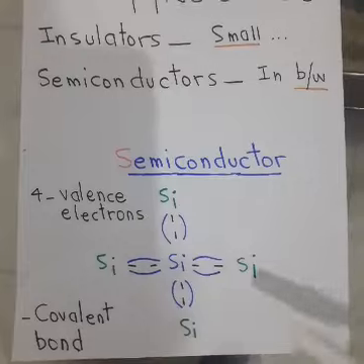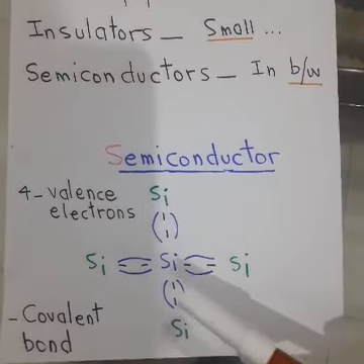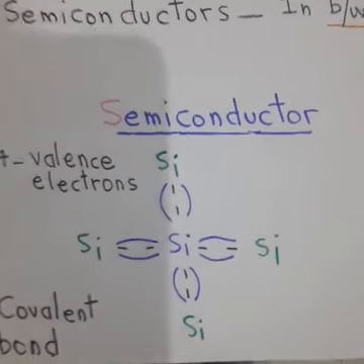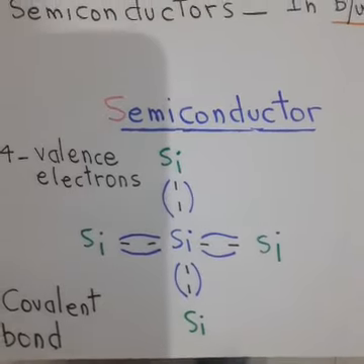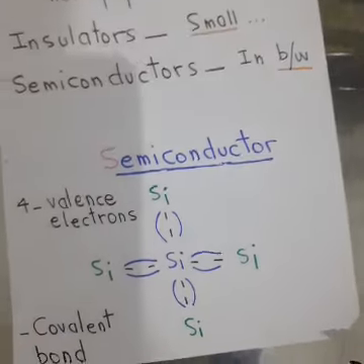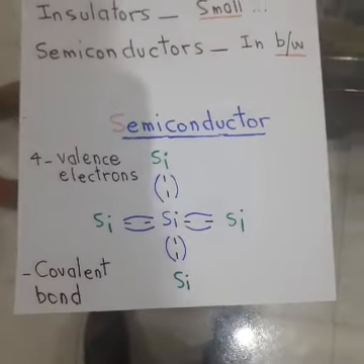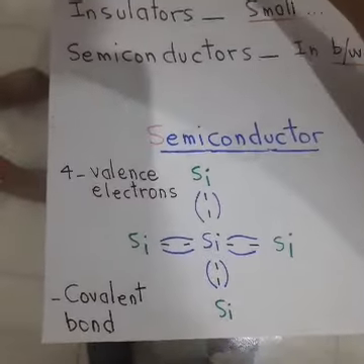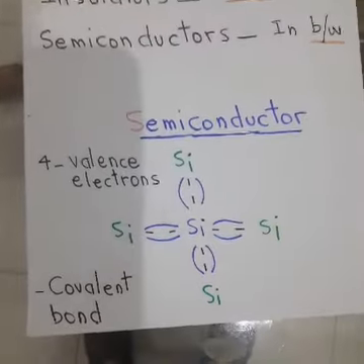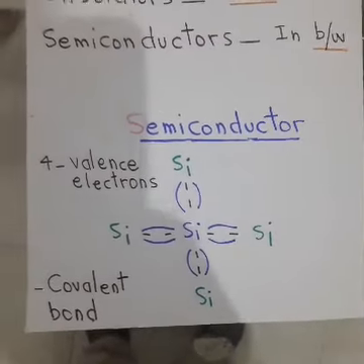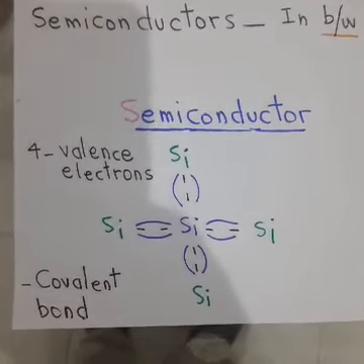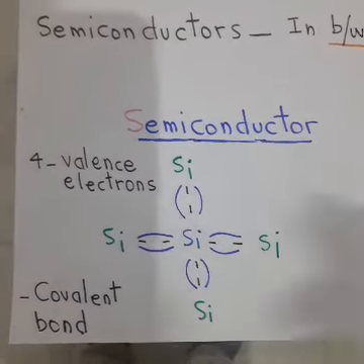So as it seems, there is no free electron, but there are free electrons because they are thermally generated, due to the room temperature being high compared to minus 273 degrees centigrade, 0 Kelvin.